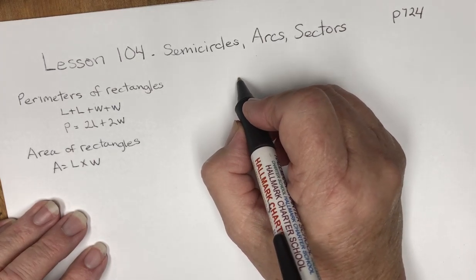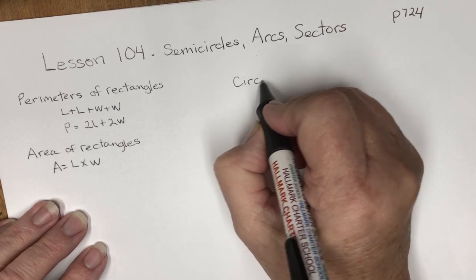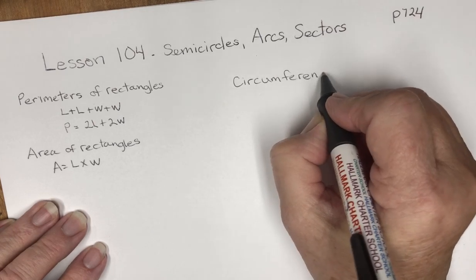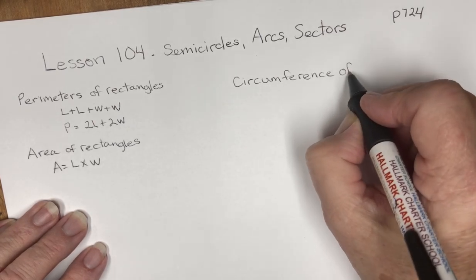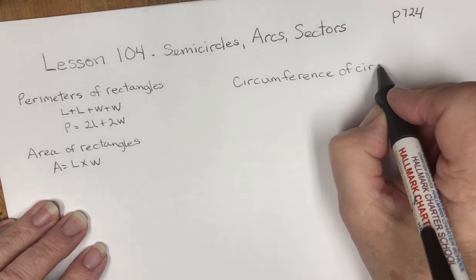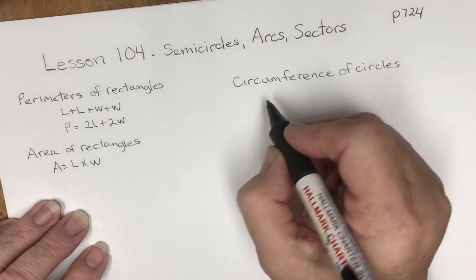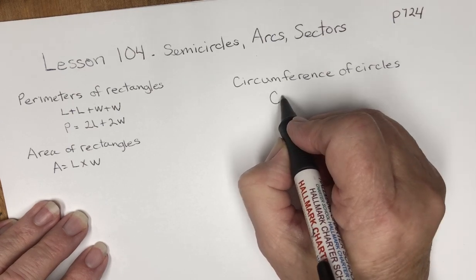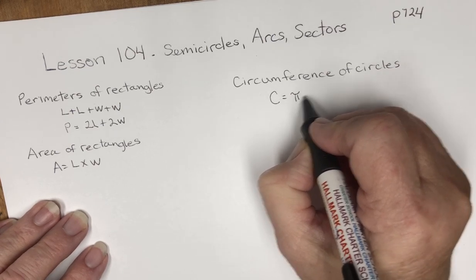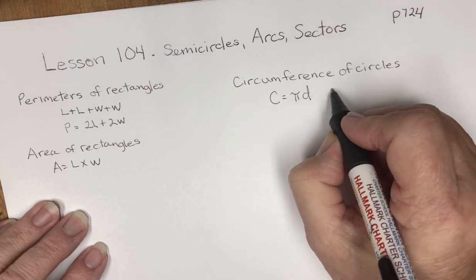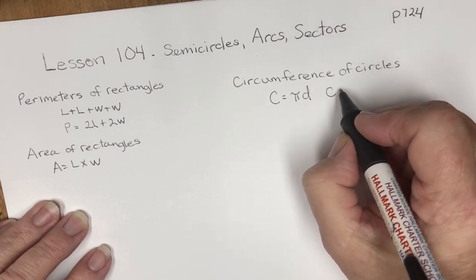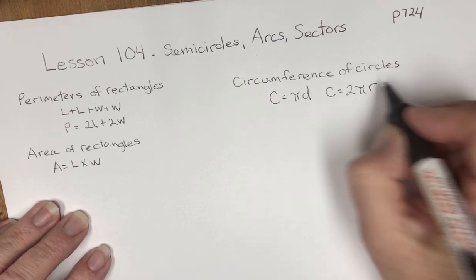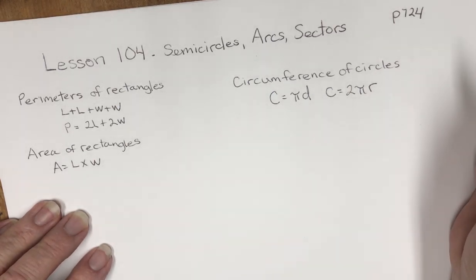They're going to ask us for the circumference of circles. And we know that the formula for that is circumference equals pi times the diameter, or circumference equals 2 pi radius. 2 times pi times the radius.